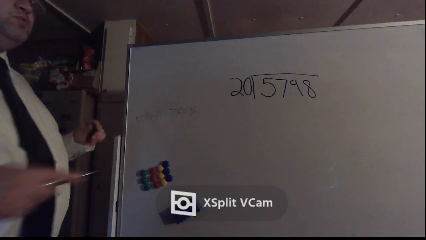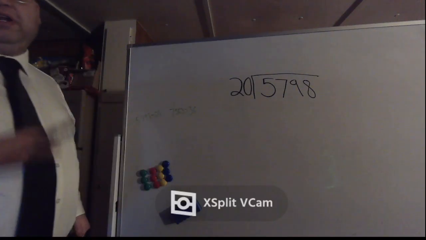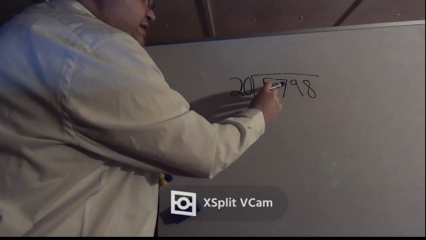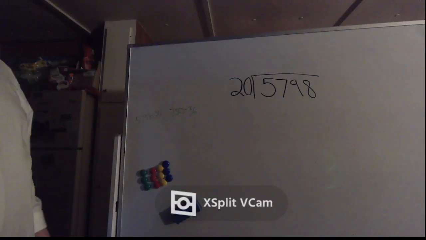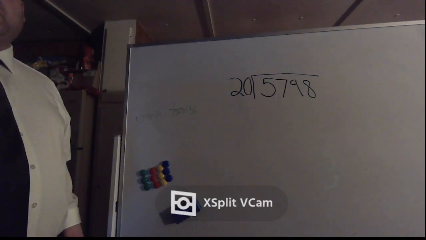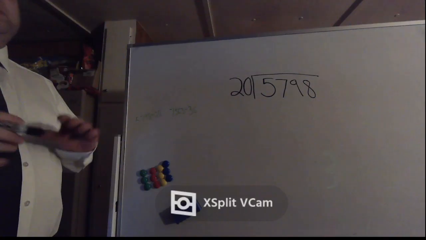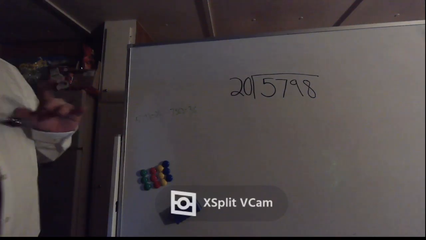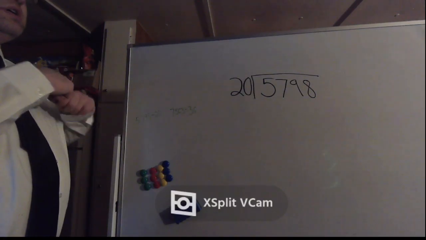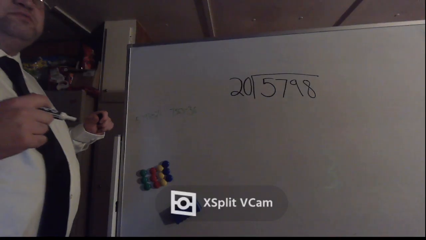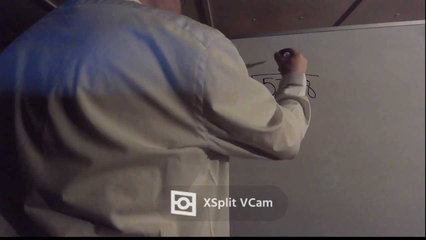So 20 doesn't go into 5, that we know, but how many times does 20 go into 57? Well, 20 times 2 is 40, 20 times 3 is 60. So times 3 is going to put us over that 57. So 20 goes into 57 2 times.